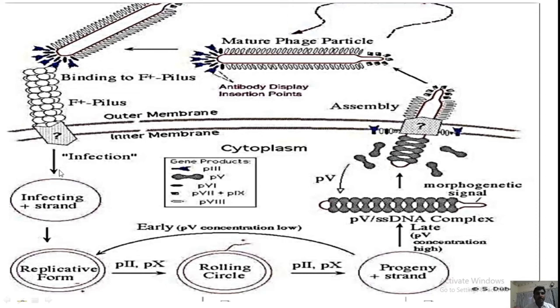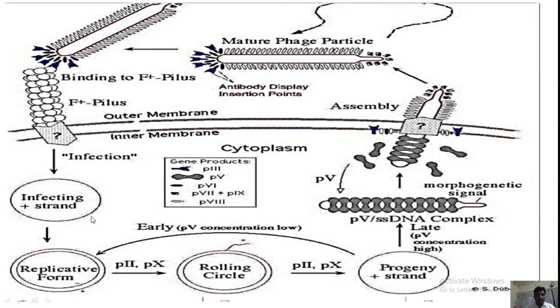As it introduces its circular genome, its gene 8 protein and other proteins covering the surface of the genome may be stripped off, and only the circular single-stranded genome will be introduced into the cytoplasm of the bacteria.